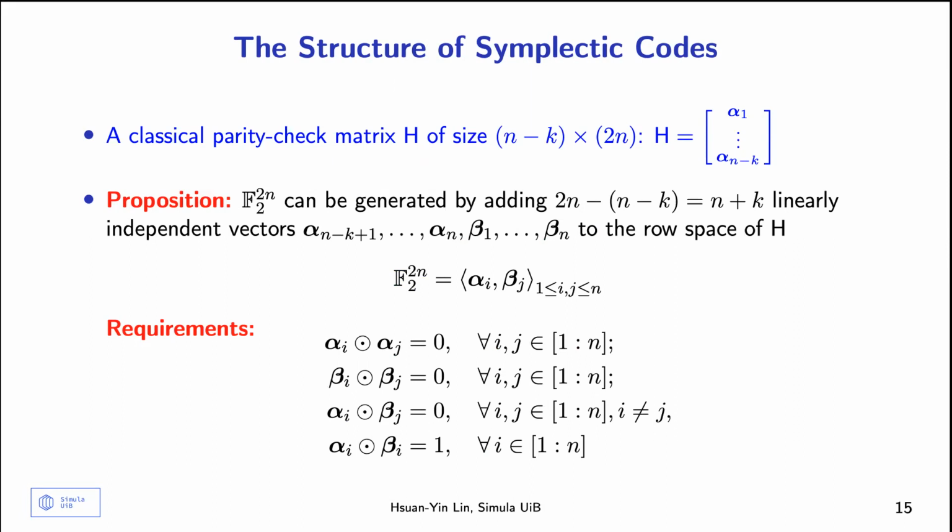So it's still linear algebra. It's just the operation you need to change. And then you can find those bases that satisfy these things. Then you are actually done. So you already find a code in the classical world, but still you can tell what happened in the quantum stabilizer code. So this is the main message I want to say.